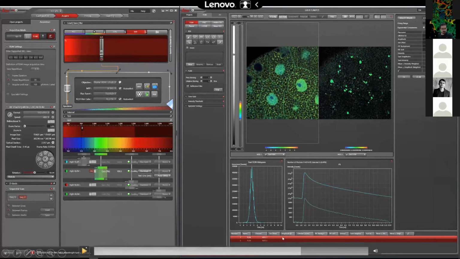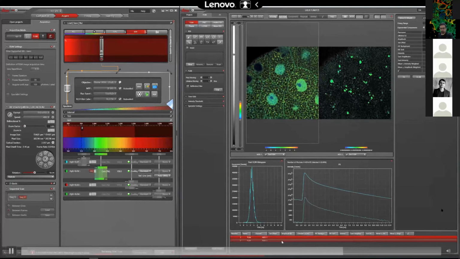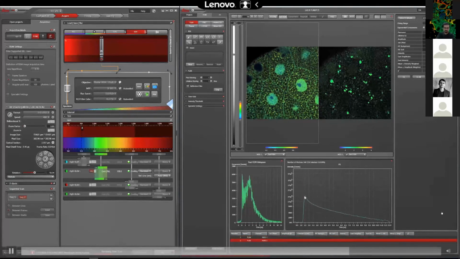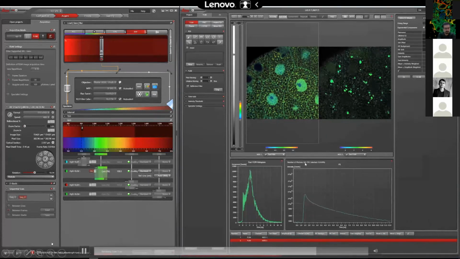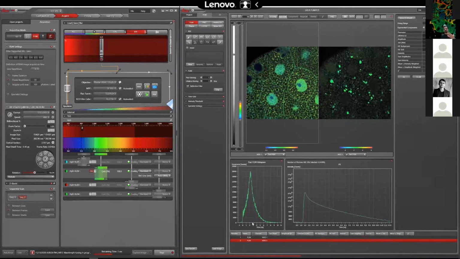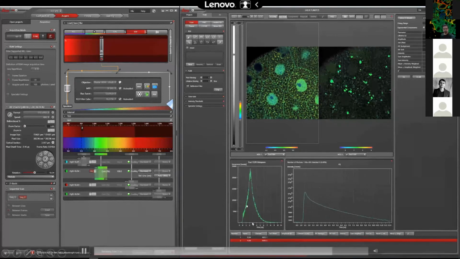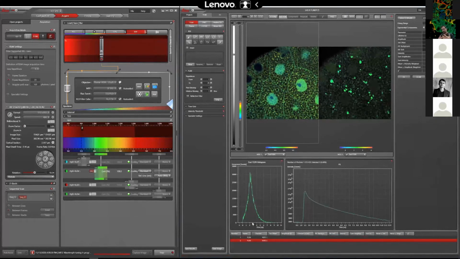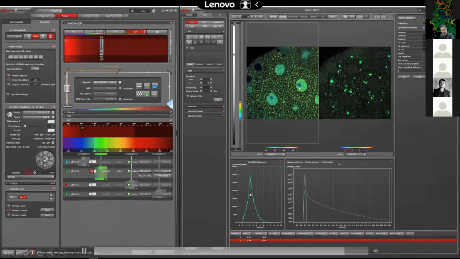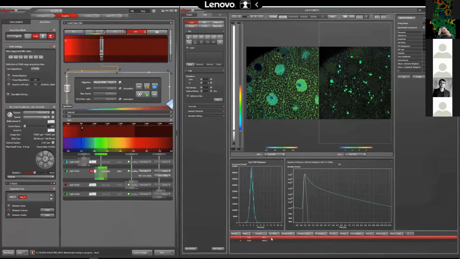So, continue with the acquisition. Now you see that when we get a proper number of counts in the field of view, one indicator is that the decay histogram in the fast FLIM would look more confined.